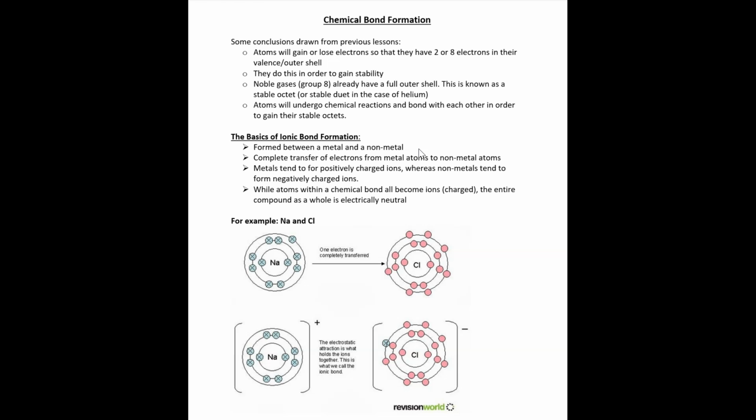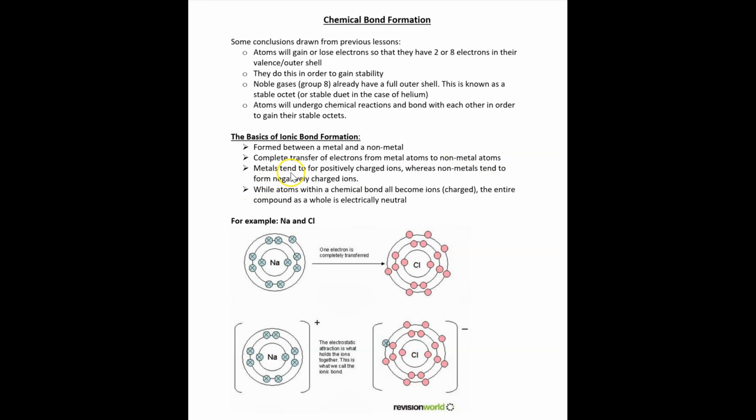Ionic bond formation involves a transfer of electrons from the metal atoms, which usually have an excess of electrons that they need to get rid of, to non-metal atoms, which usually are in need of electrons.